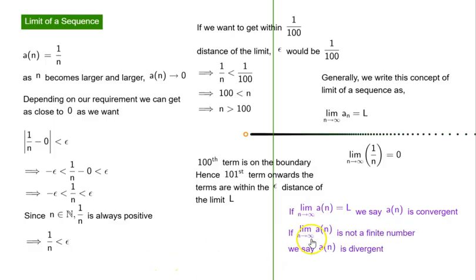So if limit as n goes to infinity of a sub n is not a finite number, we say a sub n is divergent. So convergent, divergent. So that was limit of a sequence.